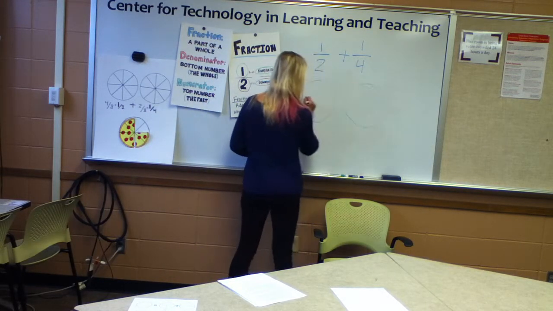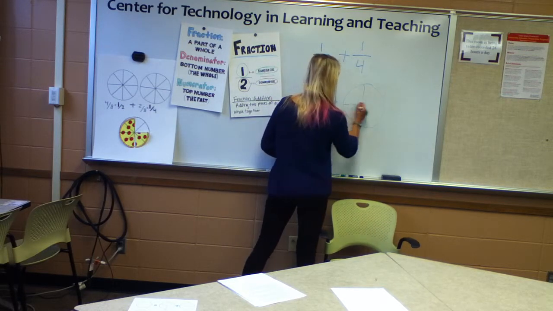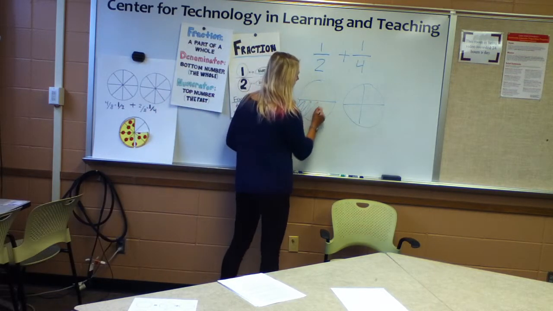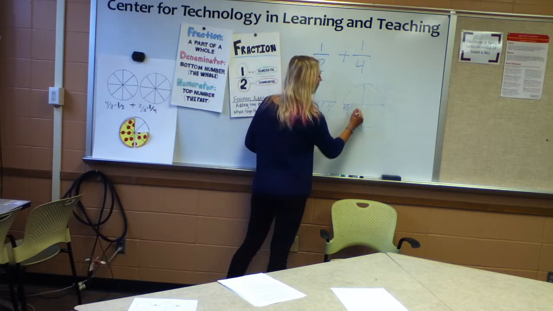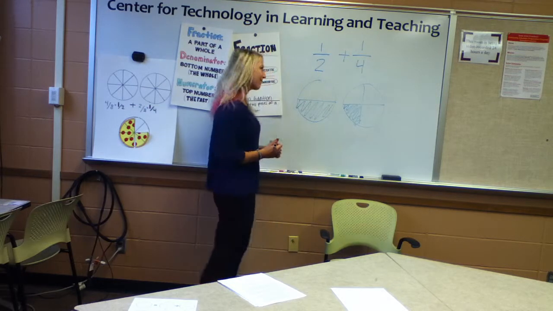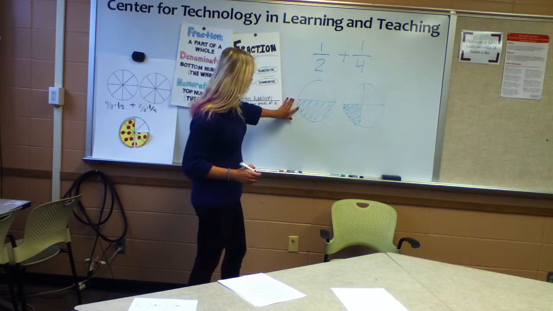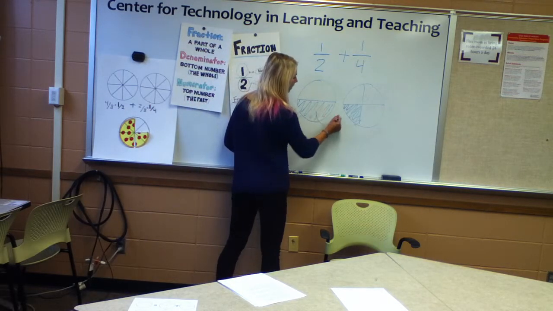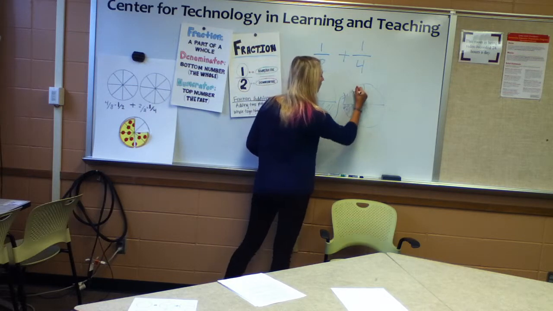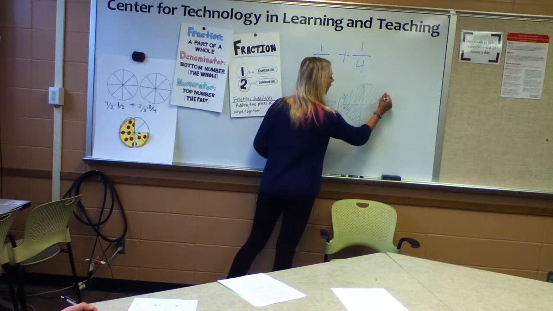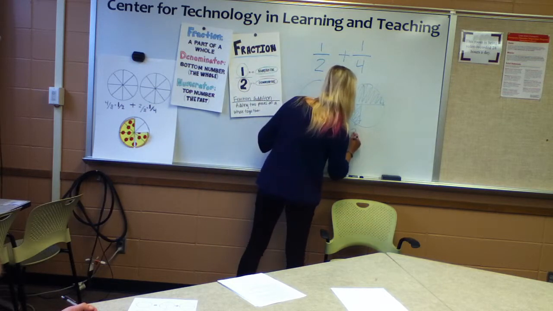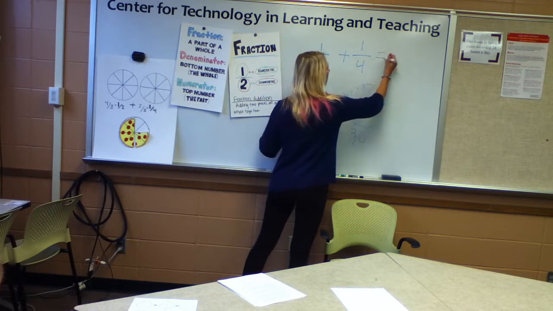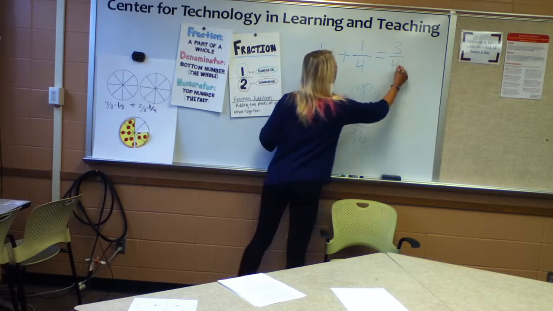With this first circle, we'll fill in 1/2. And then for this one, we'll fill in 1/4 of the circle. Now, like we saw earlier, we're going to add these together. You can move this piece up to here, and once you fill this in, now you have 3/4. So 1/2 plus 1/4 is equal to 3/4.